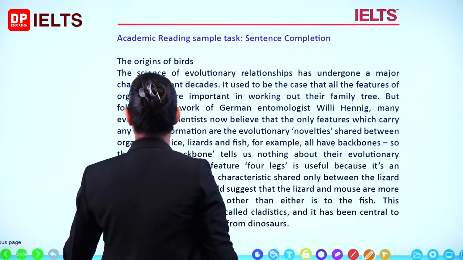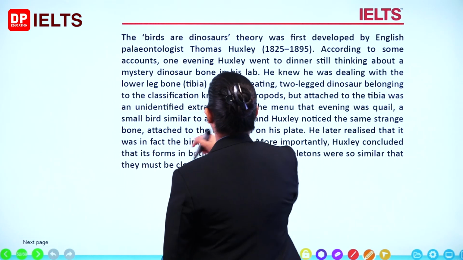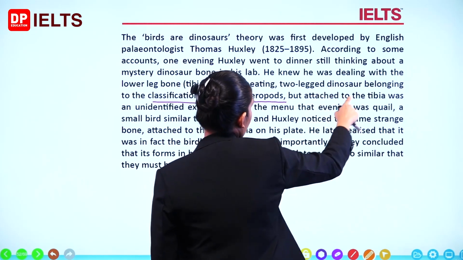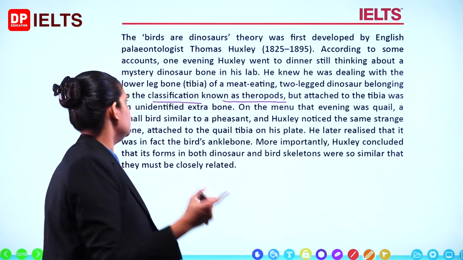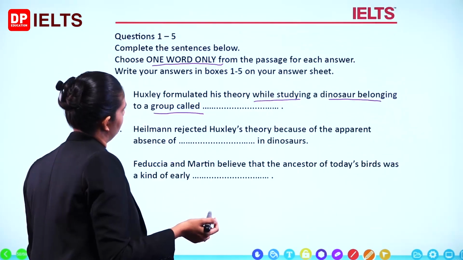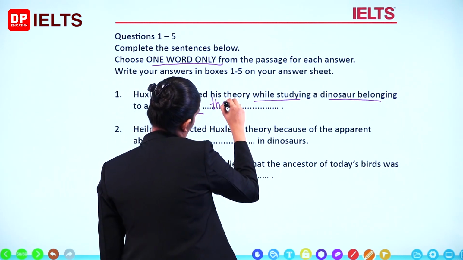I still didn't see the word group. So it says classification. Here you go, as theropods. So dinosaur belonging to the classification means group. What is that group? It's known as what? Theropods, okay? So here we write theropods.